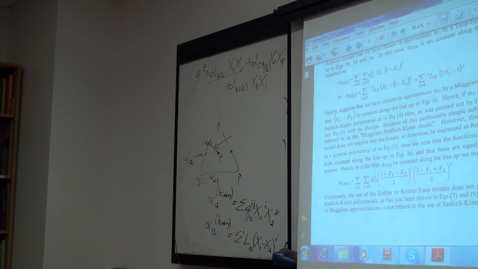This function and this function are constant along that line. Play with that yourself, but I verify they are, and they're equal to x1 and x2 respectively in the binary system. So in that case, if you're going to use Muggiano, x1 and x2 in the binary are replaced by these expressions, and then this expression is constant along that line.